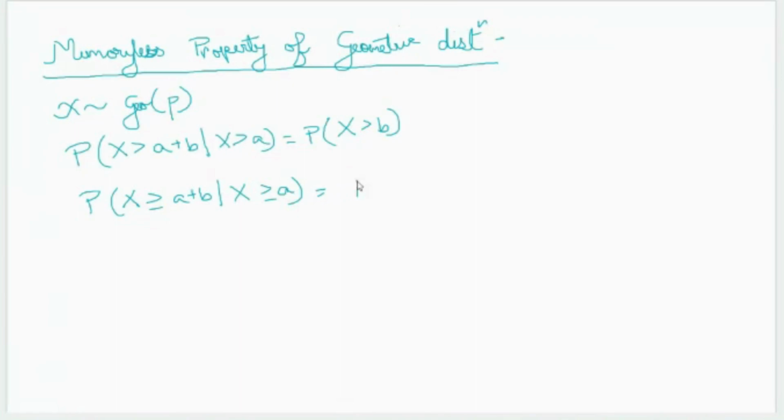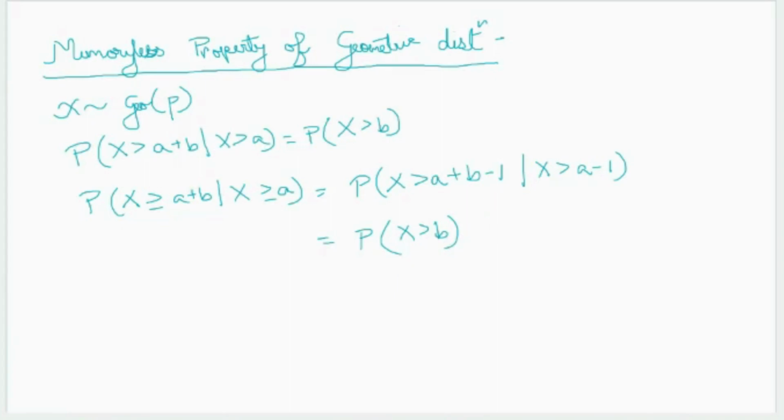Now, this probability I can essentially write down as this. Right? Because x greater than equal to a plus b is simply x greater than a plus b minus 1, and x greater than equal to a is simply x greater than a minus 1. Now, comparing these two forms, we can say that this is equal to probability x greater than b, just by considering a as a minus 1 here.